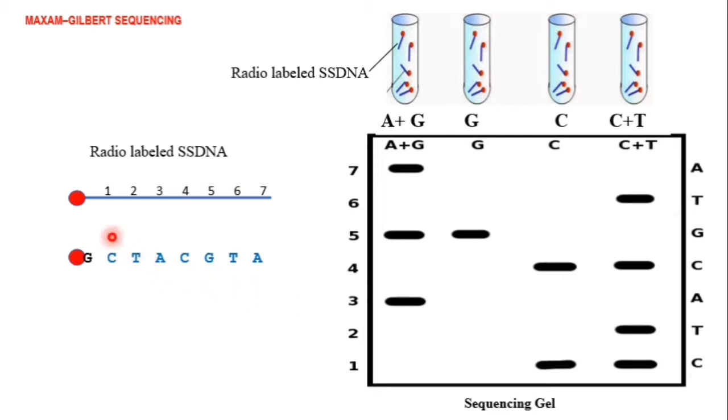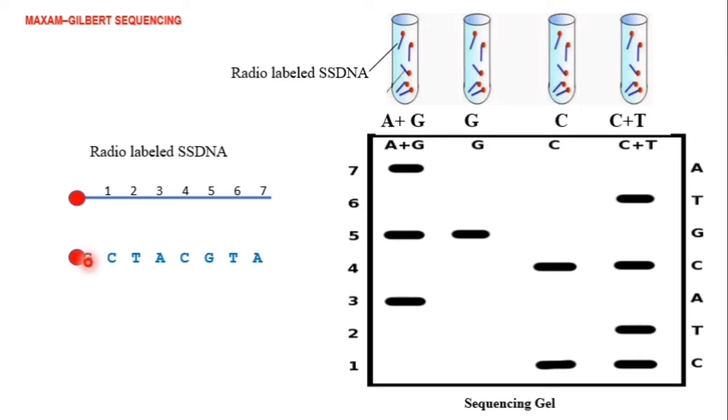Here, for example, one nucleotide is labeled, and this is the first band attached to this G, and this is C. This is the first one, second, third, fourth, fifth, sixth, seventh. The labeling is done with the G nucleotide.